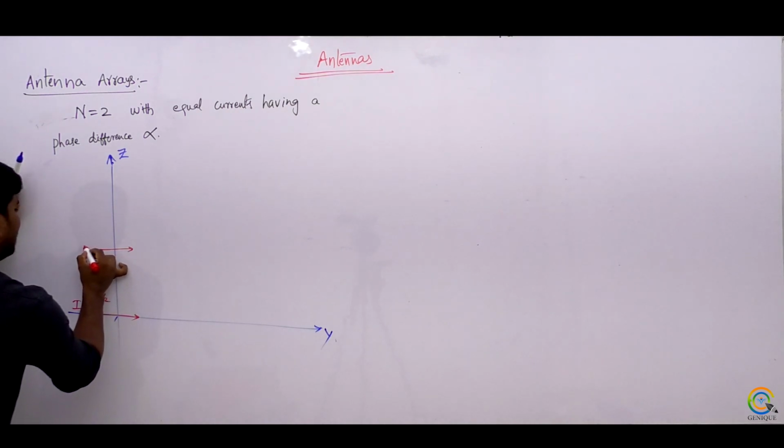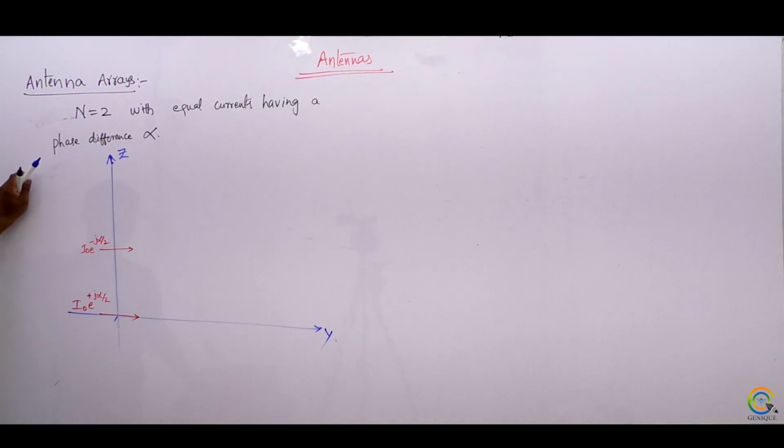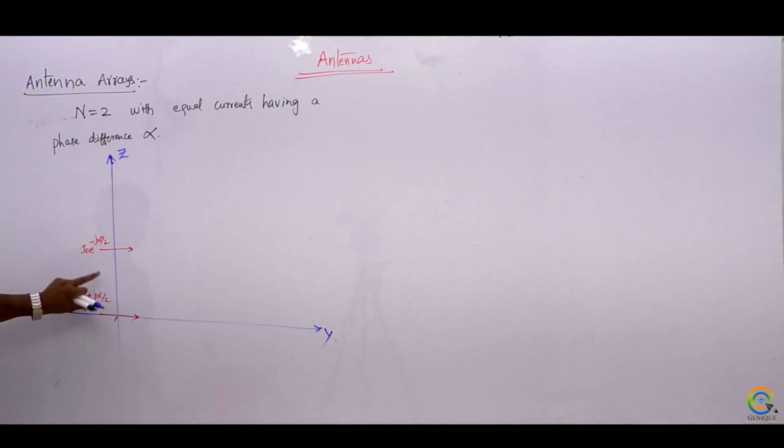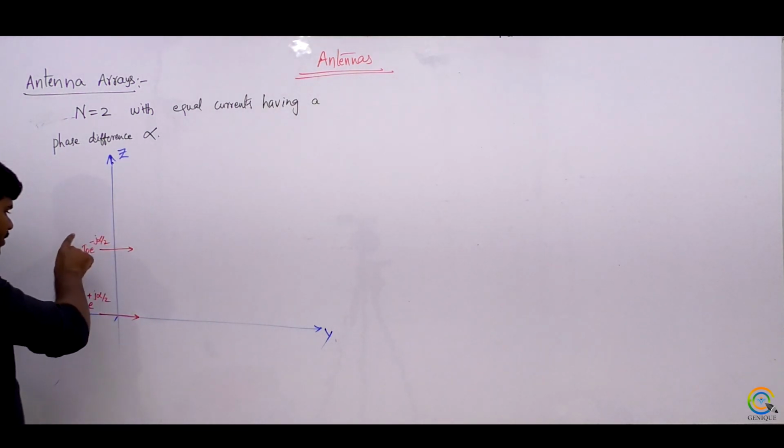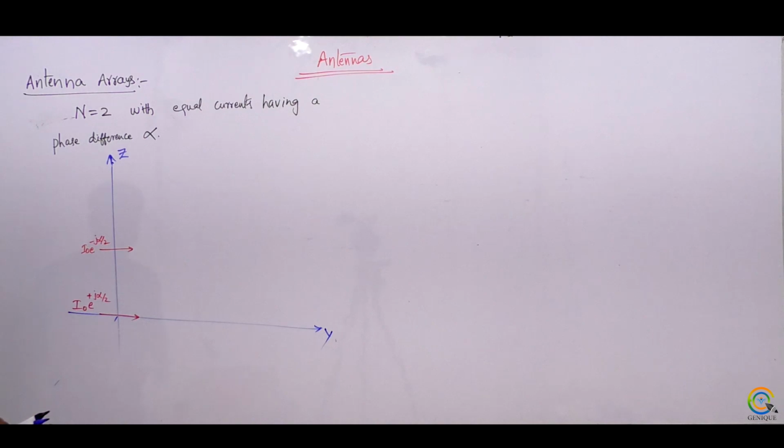It is having a current I naught e power minus j alpha by 2. Okay, what is the phase difference? The equal magnitudes, and they are excited with the phase difference of alpha.